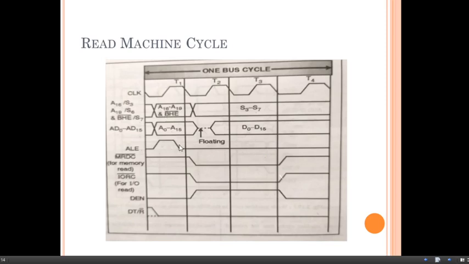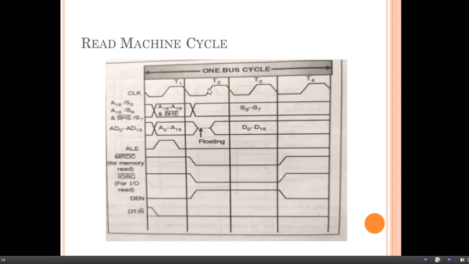This ALE signal is made low before the address will disappear from this multiplexed address and data bus. When ALE goes low, then this address is latched into the external latch. Now here the ALE goes low, the address is latched in the external latch.